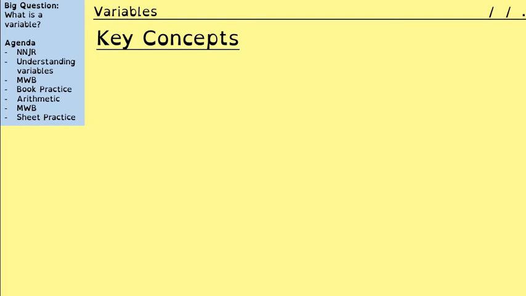Okay, so just to recap some key concepts that we've just gone over. We can multiply a variable by a number. Okay, and in algebra, we actually just take out that multiplication sign and write any multiplication with variables without the multiplication symbol.